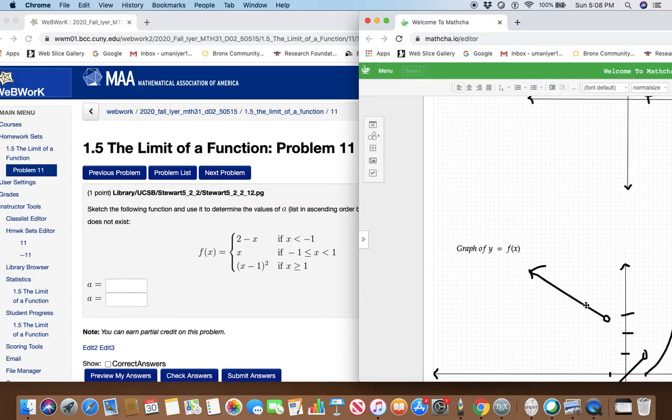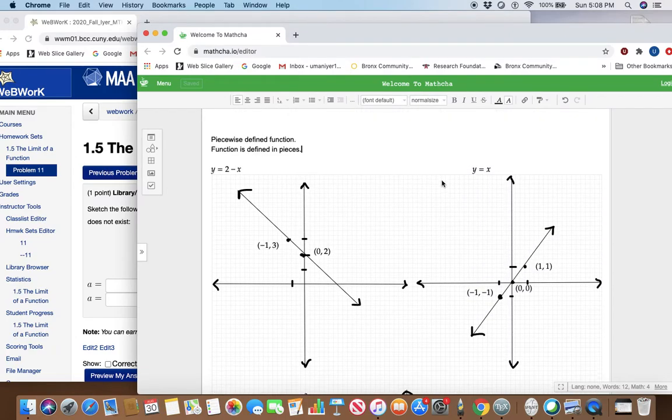That got me this. Now what happens between -1 and 1? The piece is y equals x. So if x is -1, y is -1. If x is 1, y is 1. Join the line because this is also a linear function.